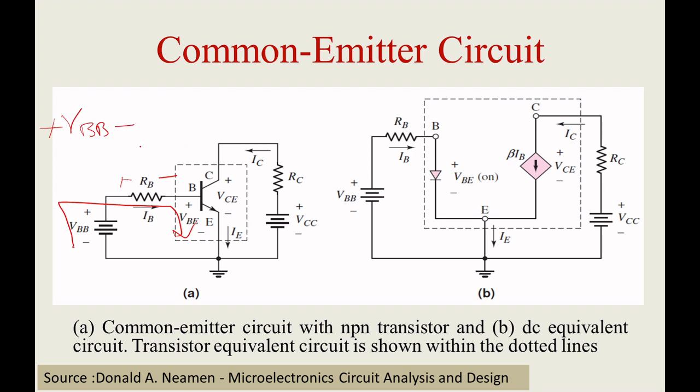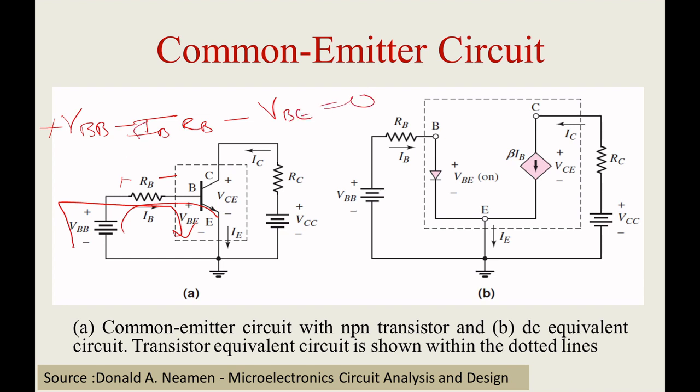It's up to us whether to consider a starting end or a leaving end; you can follow anything. Here the polarity is already fixed, so the loop is entering at a plus and leaving at a minus. So we get IB times RB minus VBE equal to 0.